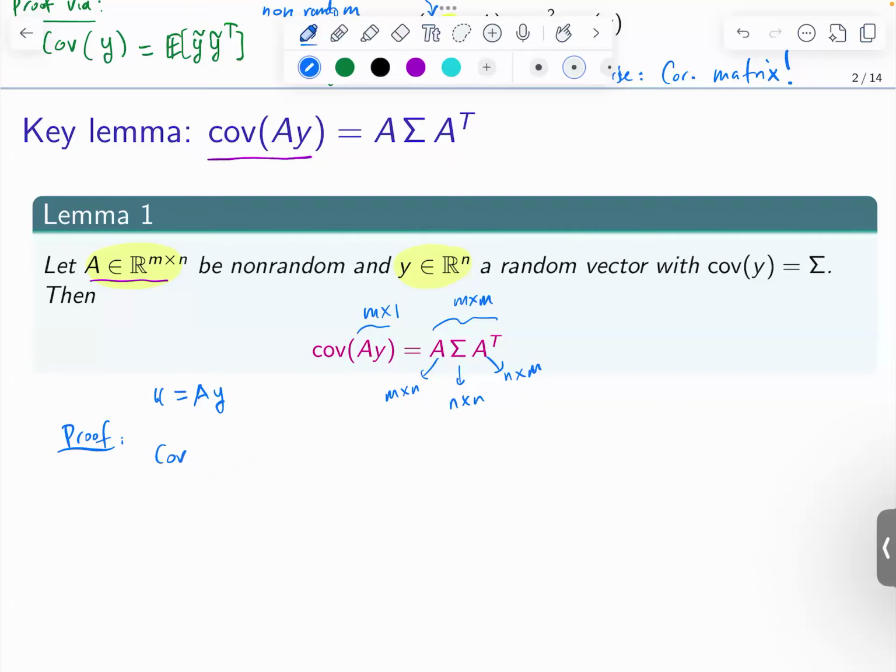And I'm going to give you a hint. I'm just going to use that simple formula: the expectation of u tilde times u tilde transpose, where u tilde is u minus the expectation of u.